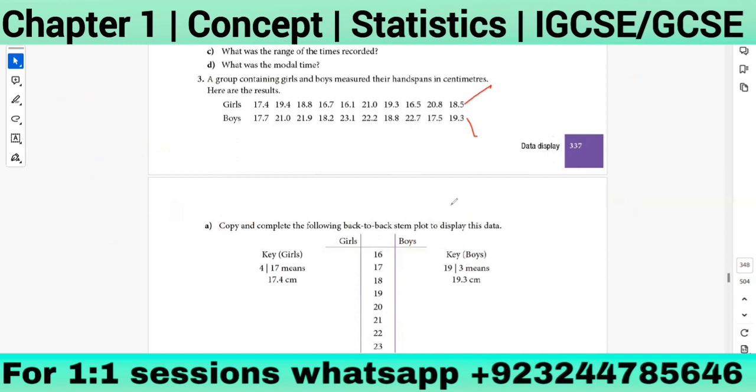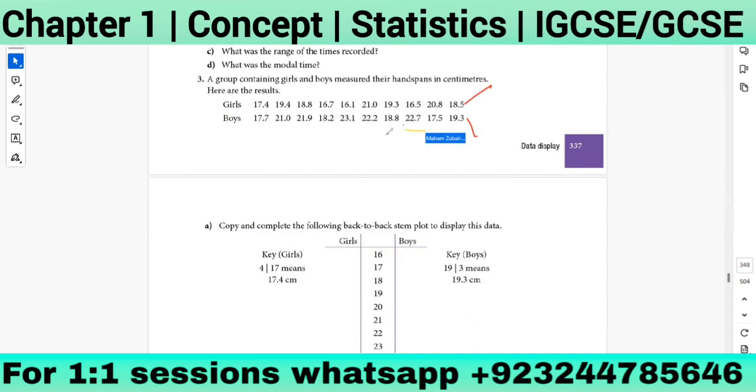Seven. What is 7? 7 is not even a number here. Anyways, what is 7 for girls or boys? Miss, our biggest value here is 22.7, and we subtract 16.1 from it.